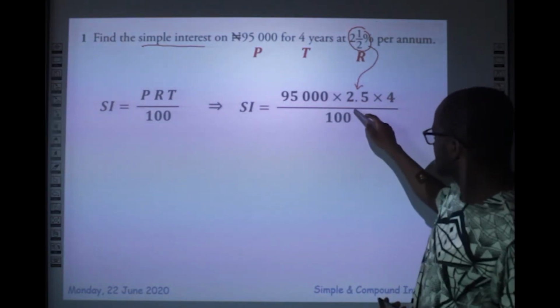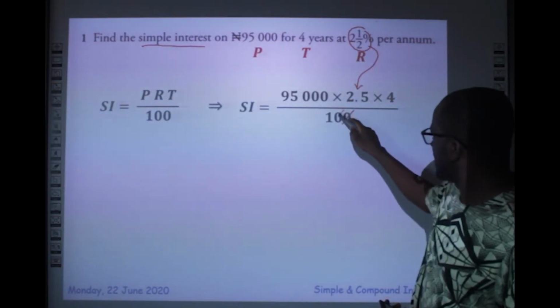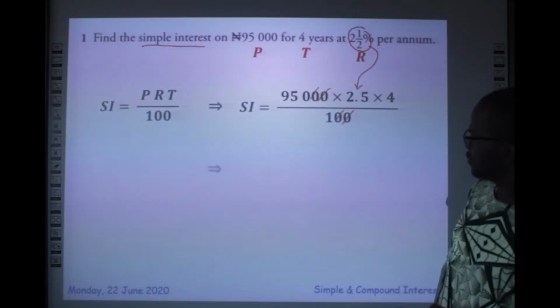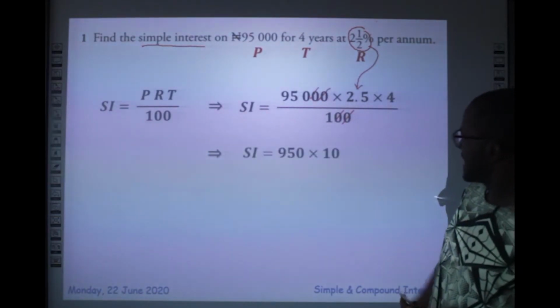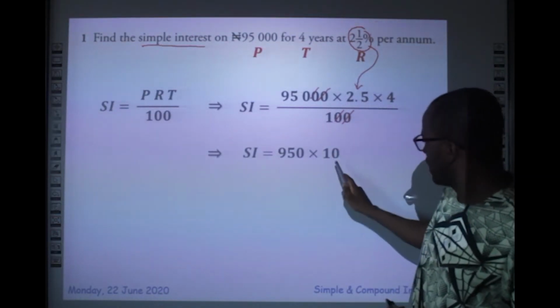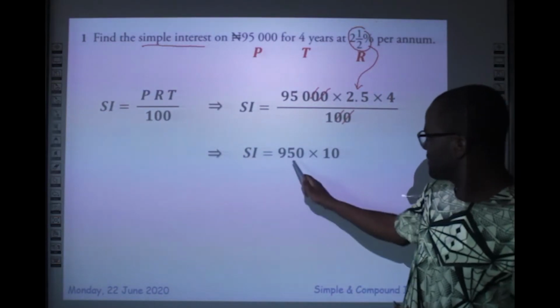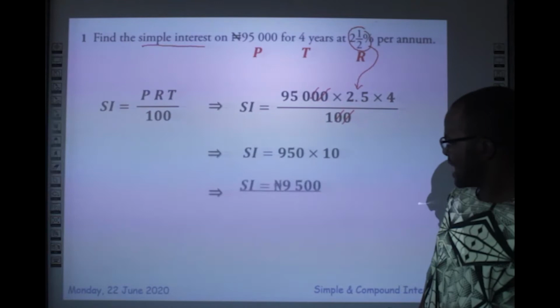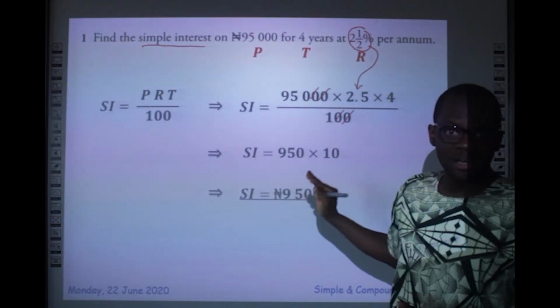Now let's cancel the 2 zeros here, and you will have 950 times 10. Of course, when you multiply 2.5 by 4, that gives you 10. And 950 times 10 gives you 9,500. So that is the simple interest.